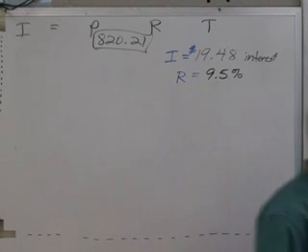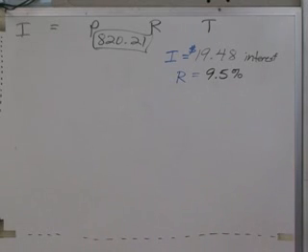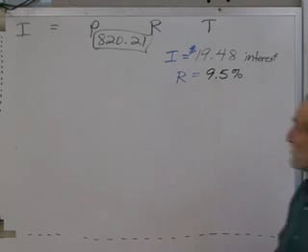Now, the question should say, how much time does Tim have to repay the loan? I'm looking at page 270, the last example there. I skipped one, but we'll just do this one and then go back.